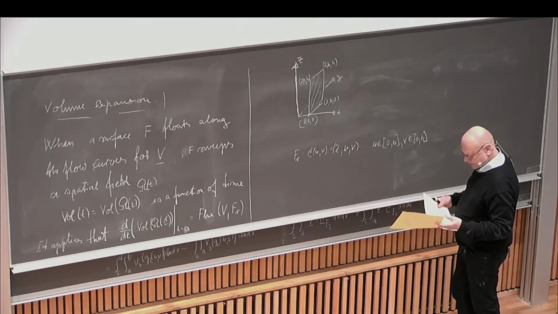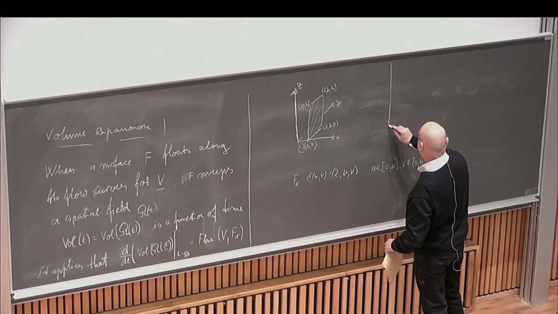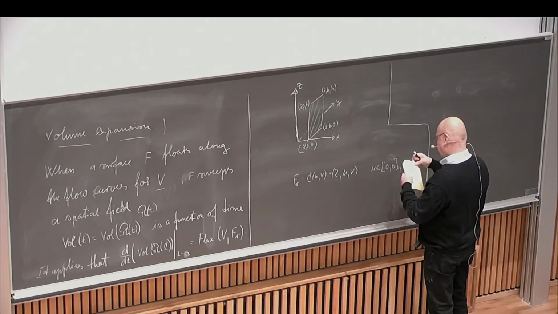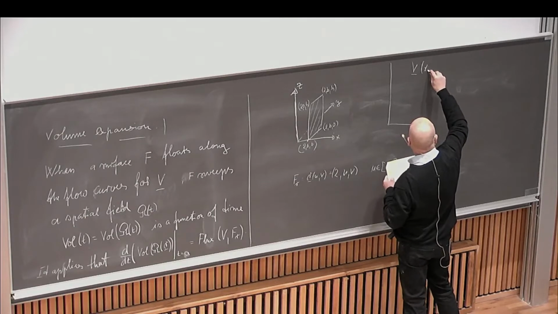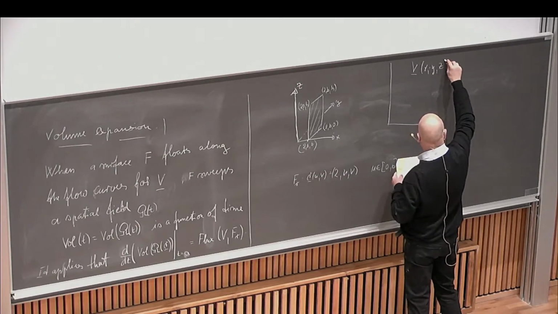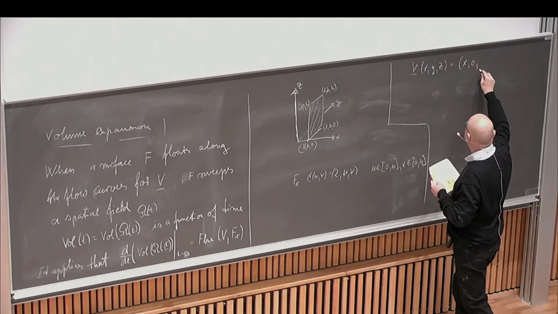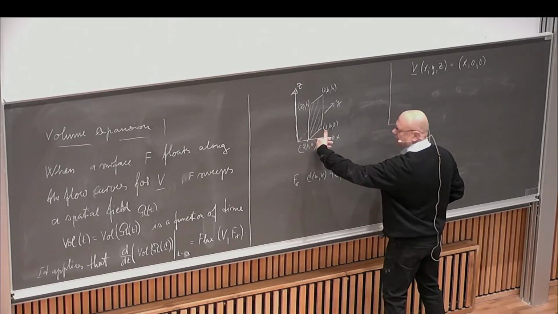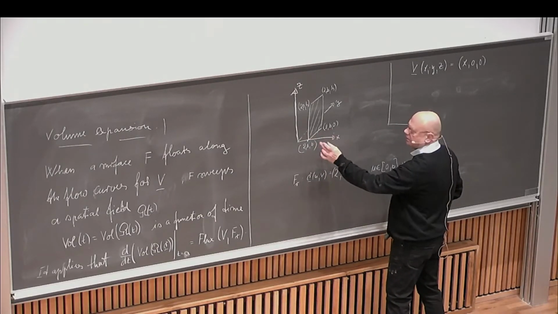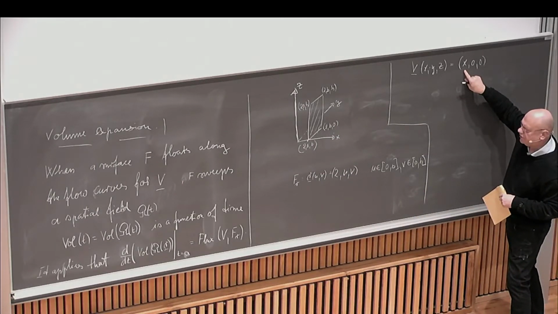So this is the setting, and I'm looking at a particular vector field. That is, the vector field (x, y, z) equals (x, 0, 0). So it's a vector field pointing in the x direction, and the first coordinate is x.